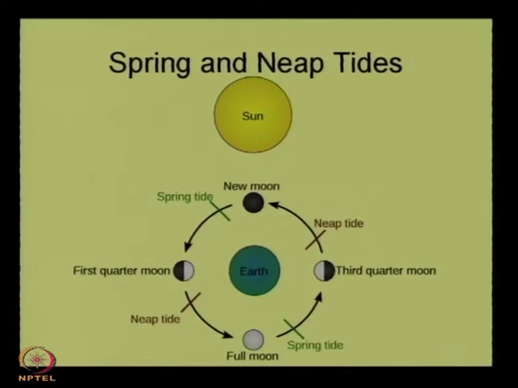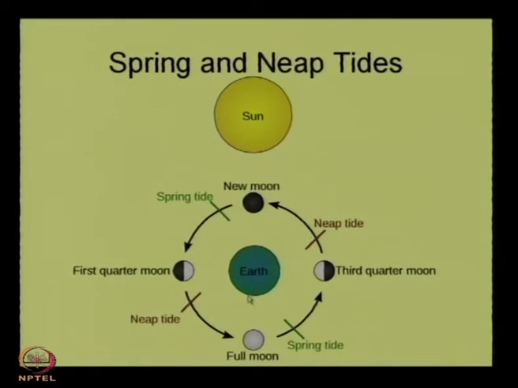Now, the moon is going around the earth, and it is this that we have seen is the major constituent of the tides. So, when the moon is over here, the portion of the earth that is exactly below the moon will experience high tides.